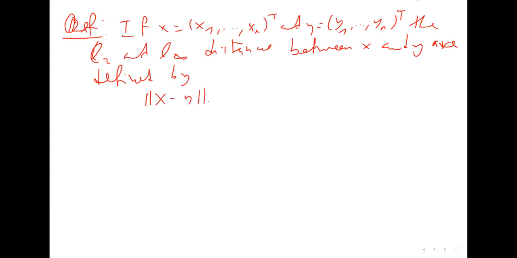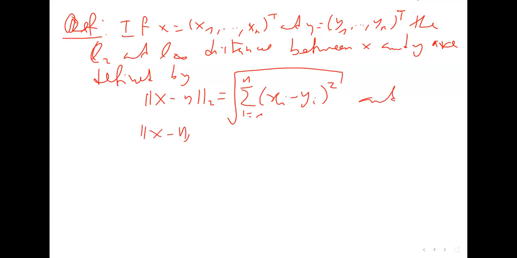If you have two vectors and you want to find their L2 distance, take the sum of xi minus yi squared, from i equals 1 to n, square root. And then the L infinity distance will be the maximum of the absolute value of xi minus yi.